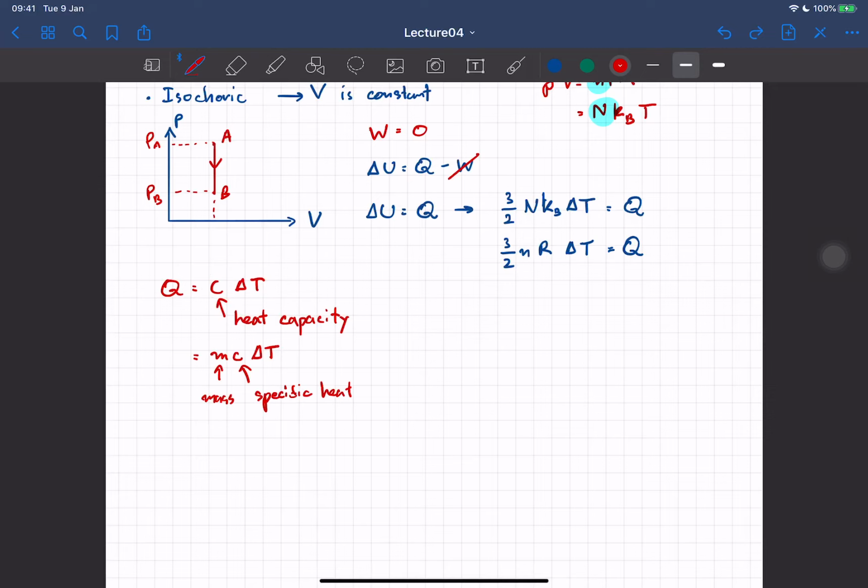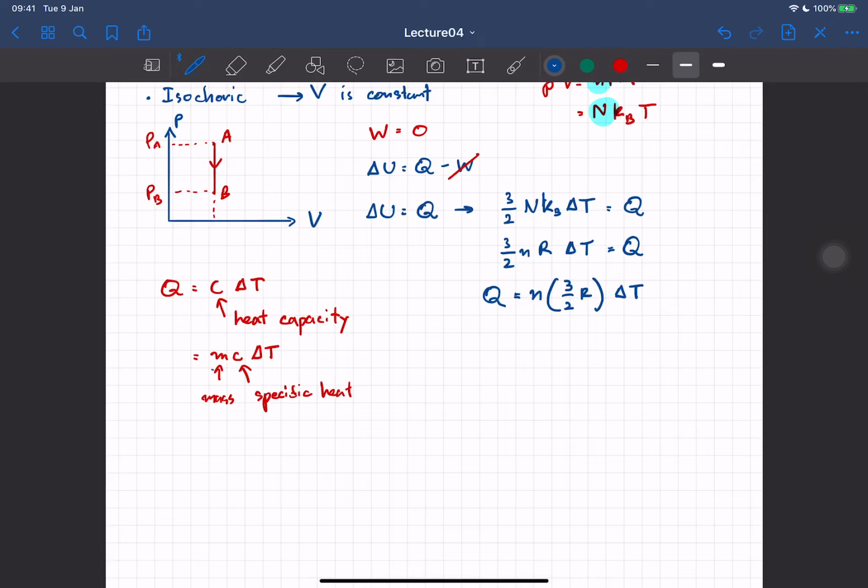Okay, so now if you compare these two equations, they look kind of the same. So for the gas, if we change Q to be on the left hand side, we can write n, the number of moles, times 3/2 R, and then times delta T, right?